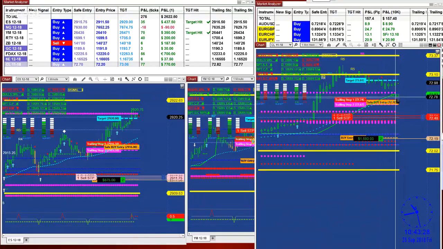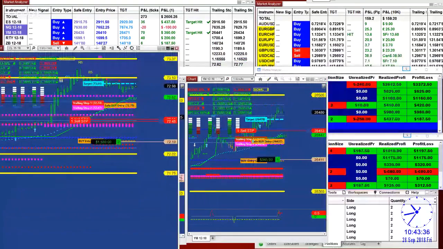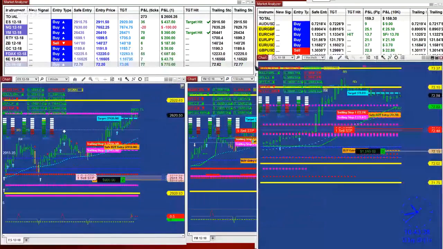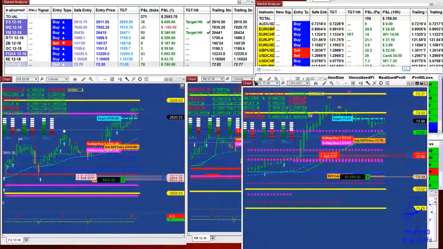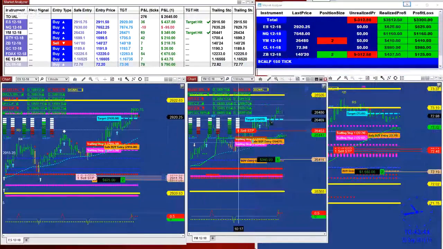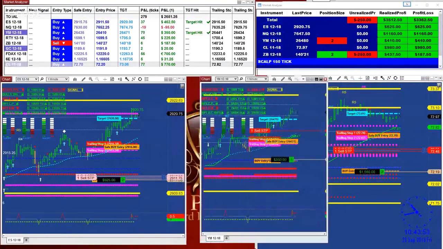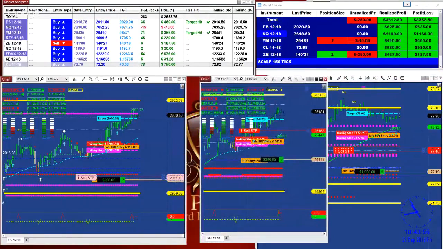But if the CL goes below 72.70, that means kiss goodbye to the long trade, and now we are going to short trades. So you've got to be careful how you play this one on the CL, because it is very important for those technical points to be clear.